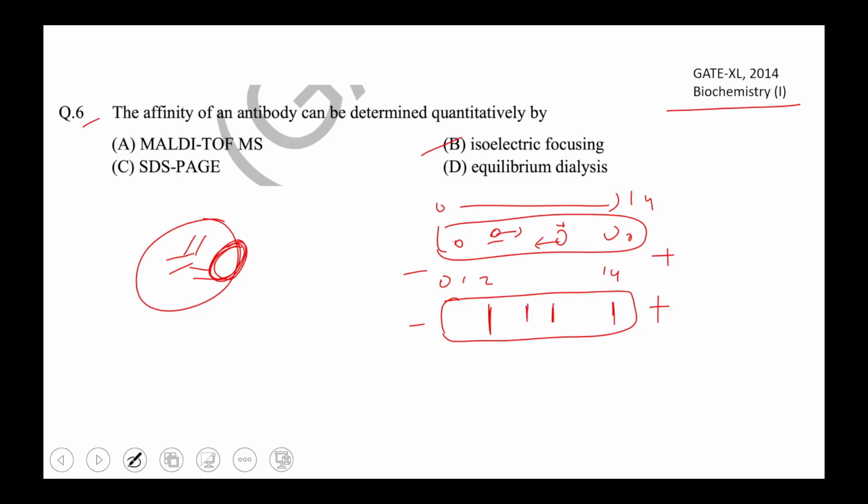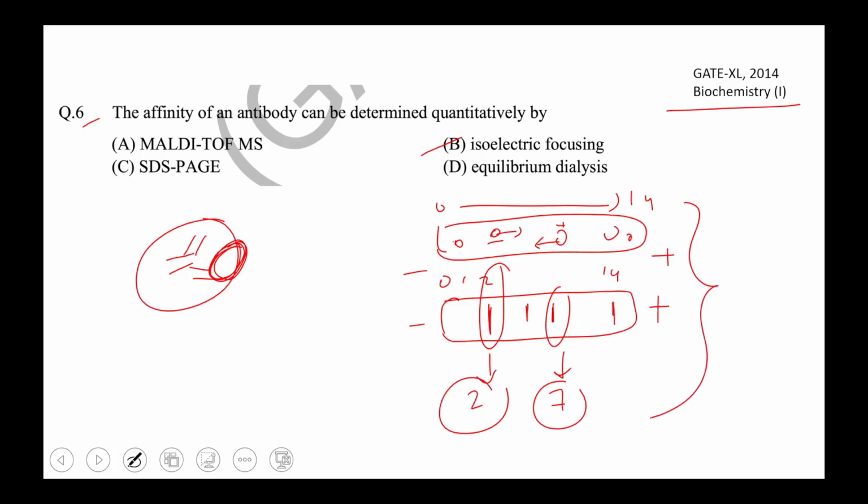So if one protein is aggregated at 2, its isoelectric pH is 2. If another is at 7, its isoelectric pH is 7. So isoelectric focusing has nothing to do with the affinity of antibody study. It is a technique used to tell the isoelectric point of certain proteins.